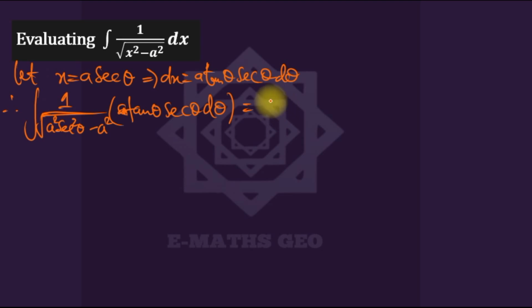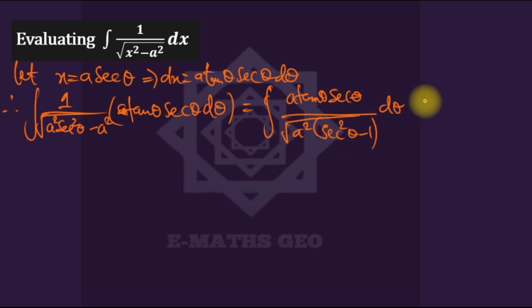Which is now the integral of a tan theta sec theta over the square root of that, factor a squared, which is now the integral of a tan theta sec theta over the square root of a squared, which is a, times sec squared theta minus 1, which is tan squared theta, and the square root of tan squared theta is tan theta.